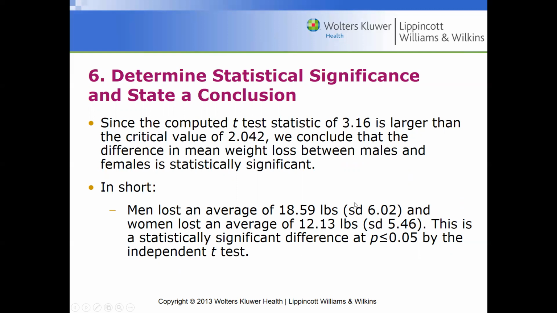Sometimes you'll see standard deviation listed with a plus or minus, so it could also be listed that way. And women lost an average of 12.13 pounds with a standard deviation of 5.46. This is a statistically significant difference at p less than or equal to 0.05 by the independent t-test. That may be how you write up a result for an independent t-test.